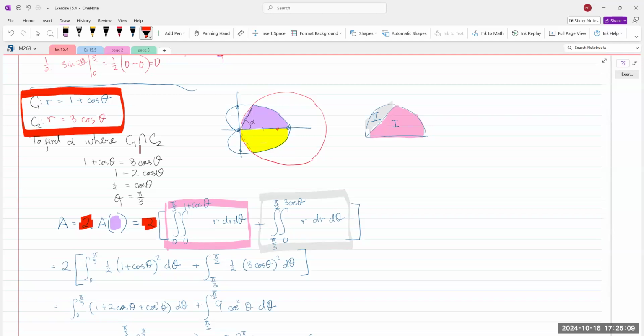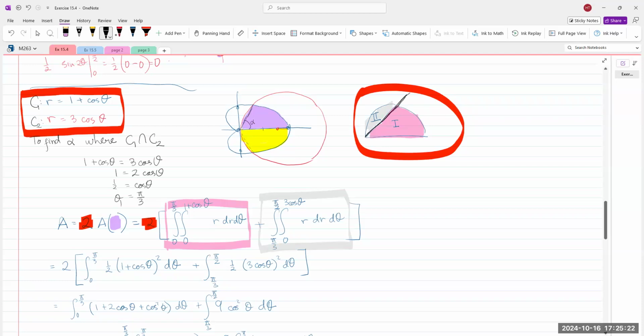Now in that first quadrant, when we zoom in, that first quadrant actually has this kind of configuration in which at a certain angle, the radius goes from ending at the cardioid. After that angle, it ends at the circle. Okay, and that angle is pi over 3.